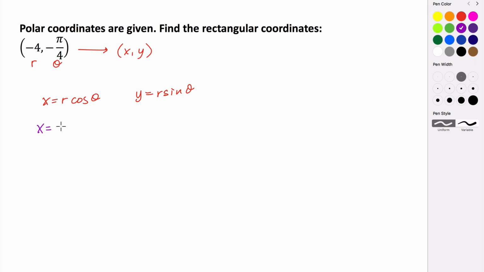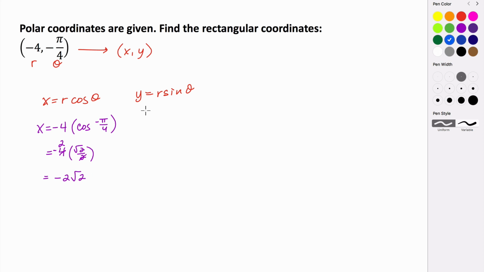So x equals -4 times the cosine of -pi over 4. -pi over 4 has a cosine of rad 2 over 2. So this is -4 times the positive square root of 2 over 2, which can reduce to be -2 rad 2.